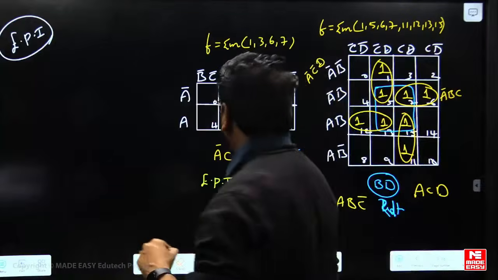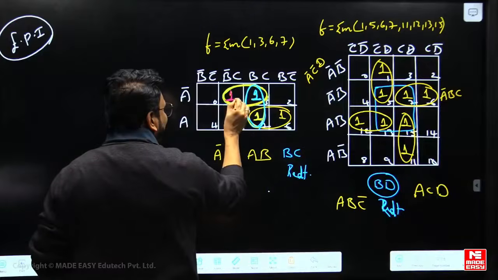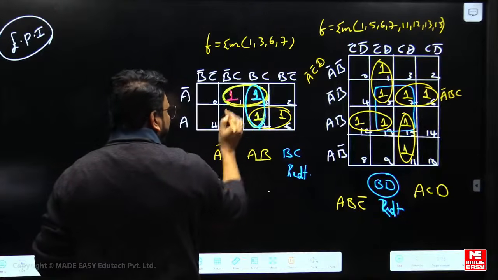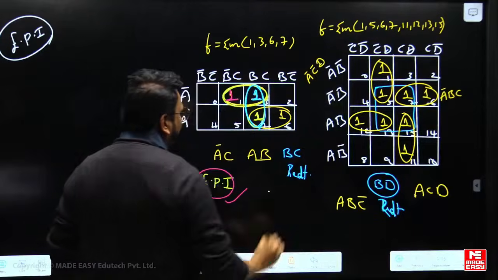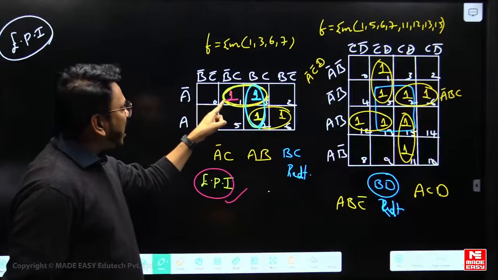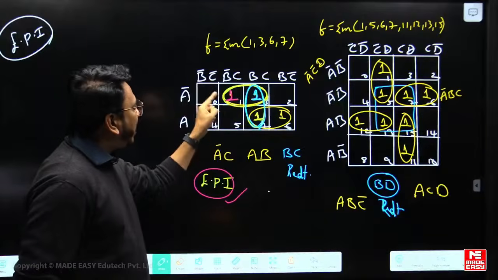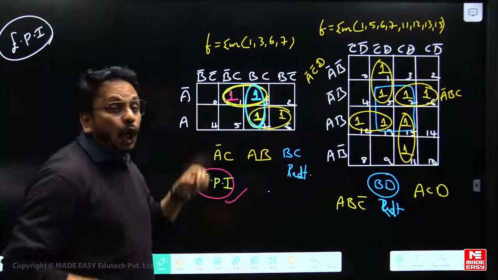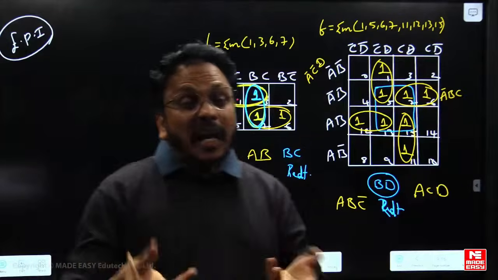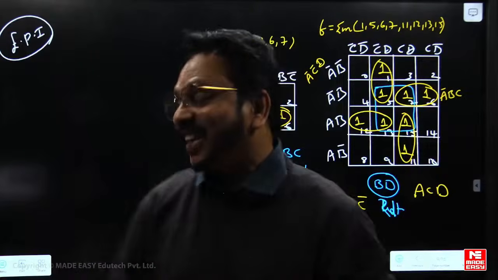But now focus on this particular one. Based on this one we can say this is an essential prime implicant. Why? Because A1 ऐसा है कि ये केवल एक ही बार इससे ग्रुप बना रहा है और एक बार इस वन को दूसरे कोई वन से ग्रुप बनाने का मौका उसको नहीं है. Mention in English also, right?